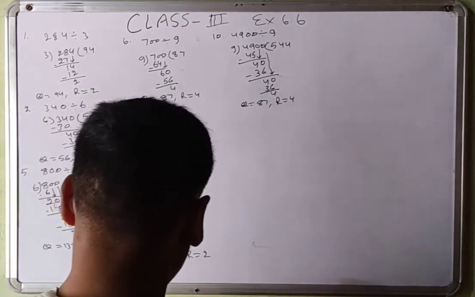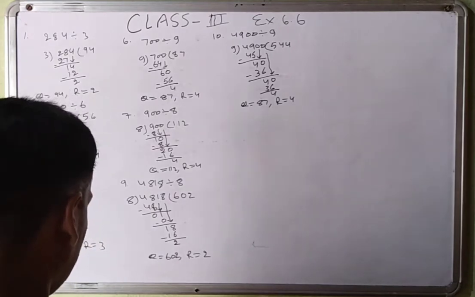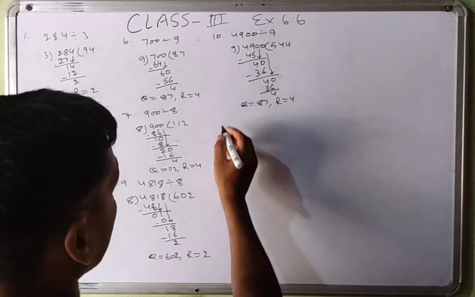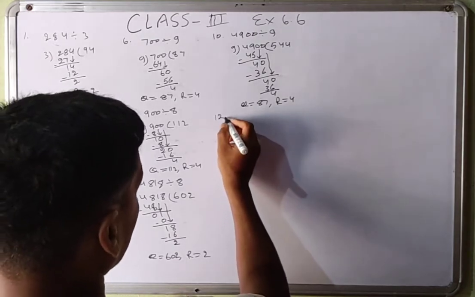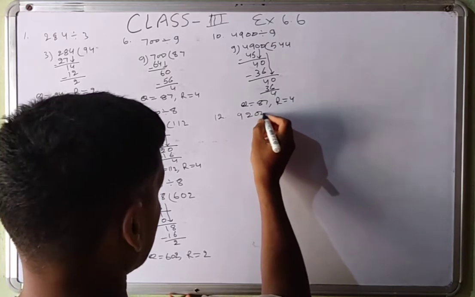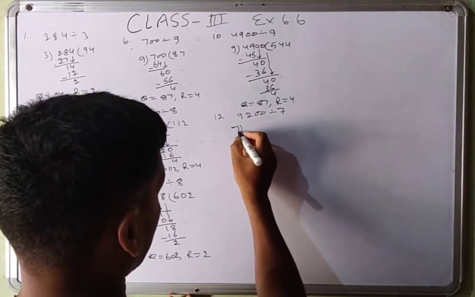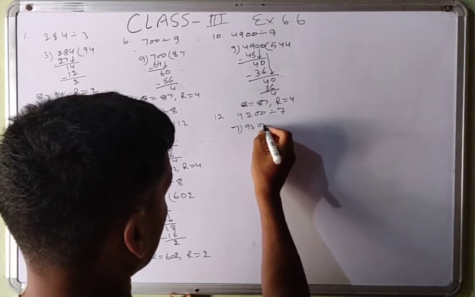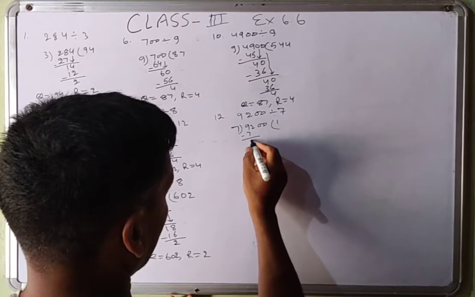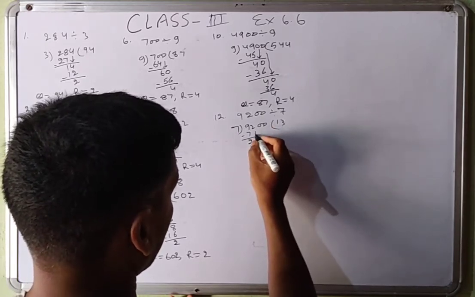Now question number 11 and 12, the last question, do it by yourself. 9200 divided by 7. So 7 divides 9200. 7 ones are 7, 2 is the remainder. 7 threes are 21.